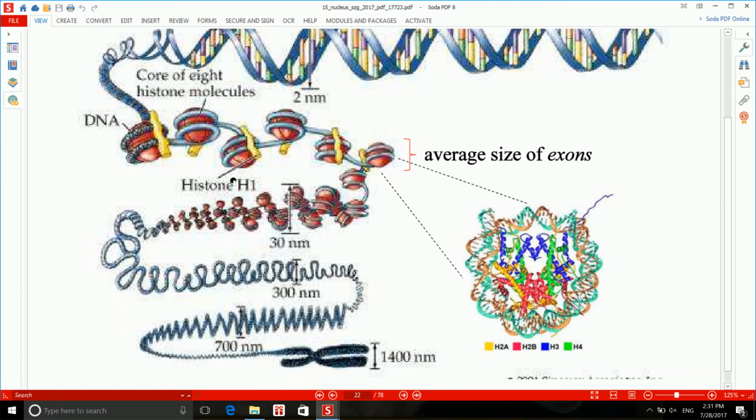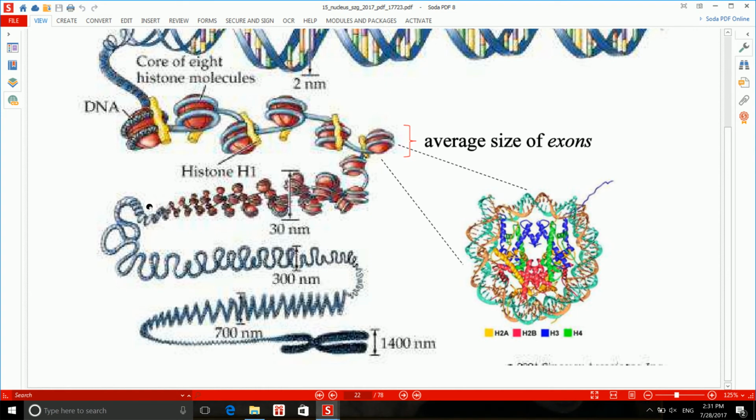And then the nucleosomes will condense more to a 30 nanometer structure, and condensation will continue. There will be other proteins like condensins, which I think is easy to remember. Its name is condensin, and the matrix scaffold proteins, which help the further condensation of DNA to a 300 nanometer structure.